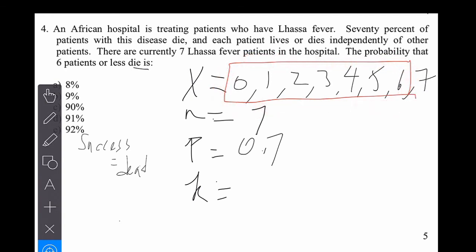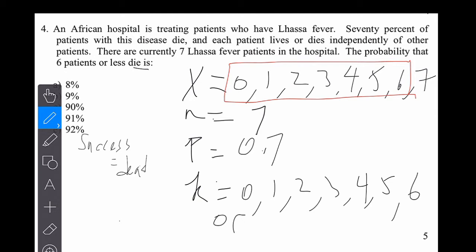So let me write it here so it's clear: that I need to add 0, 1, 2, 3, 4, 5, and 6, or I want to use 1 minus probability.